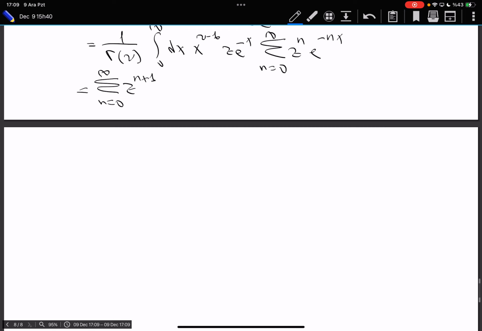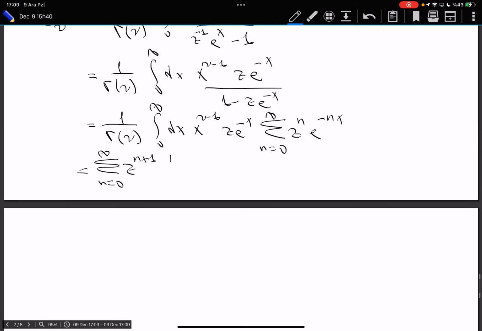1 over gamma nu, integral from 0 to infinity dx x to the power nu minus 1 e to the power minus n plus 1 times x. That's basically the gamma function.